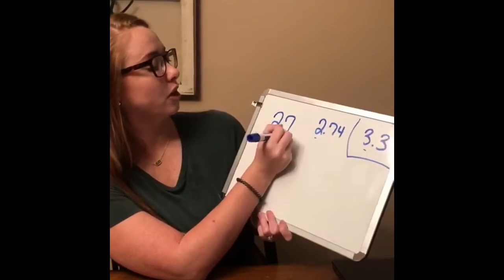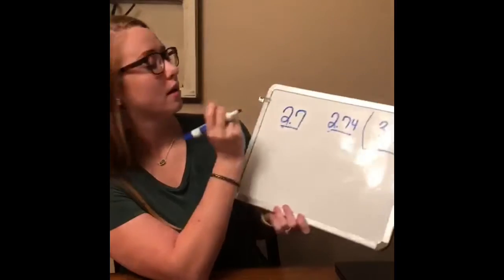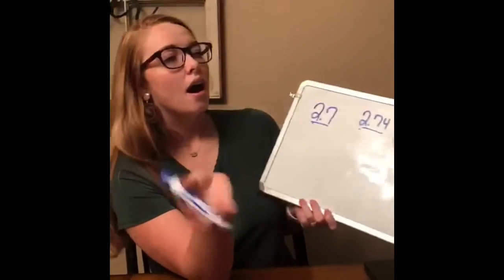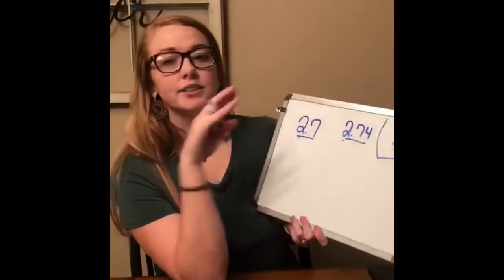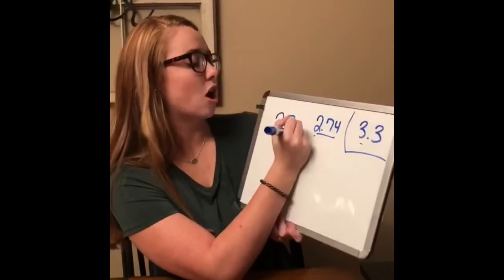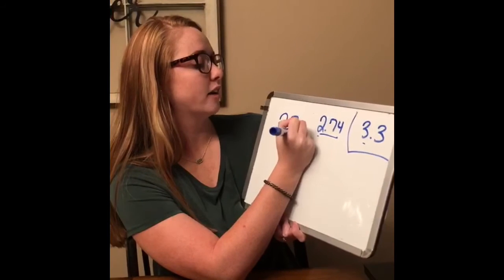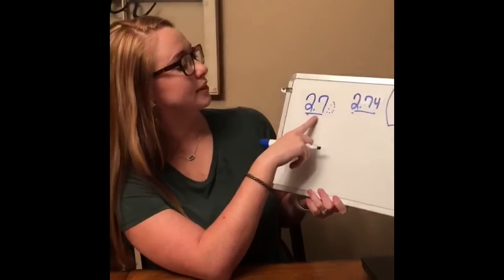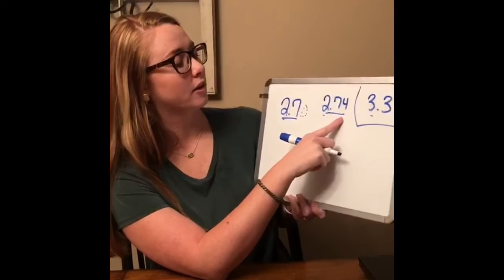Well, you notice the first two numbers are the same. So if you're confused by this, you can always draw an imaginary 0 to help you. So you have 2.70, 2.74.